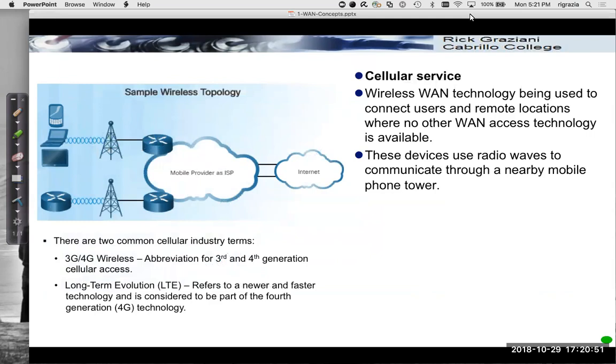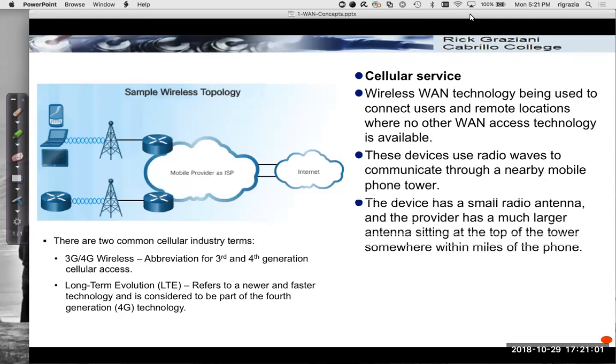There are also services now for home that you can actually connect via 3G, 4G, and ultimately 5G to a provider. So this is another option, especially for people that don't have very good cable or DSL options at home. Cellular service is definitely another option.